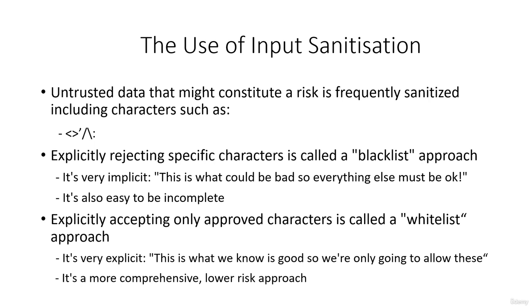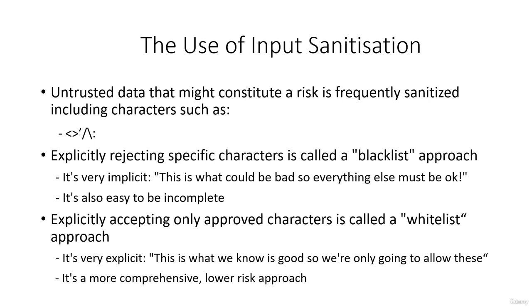A far more explicit way of implementing sanitization is to use what I would refer to as a whitelist. As previously we talked about the blacklist, this is a whitelist approach, and a whitelist is effectively the inverse of a blacklist, where we say these are the characters that we trust, and anything else we are going to reject.